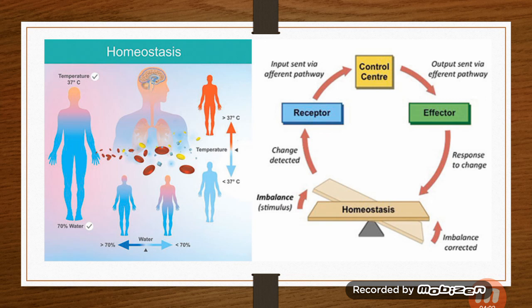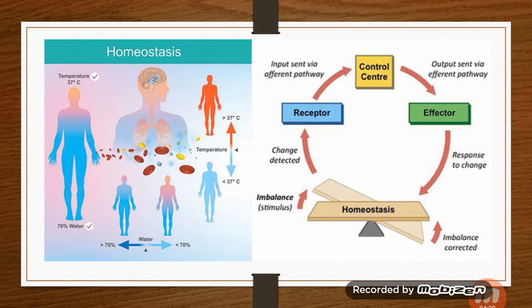So when it deviates from the norm condition, an imbalance is produced in the body. When a deviation occurs, a variable is no more in homeostasis. The body would activate mechanisms that oppose the deviation, to return the body back to its normal state.